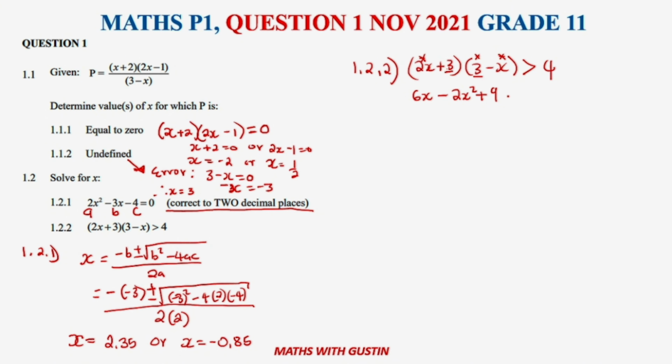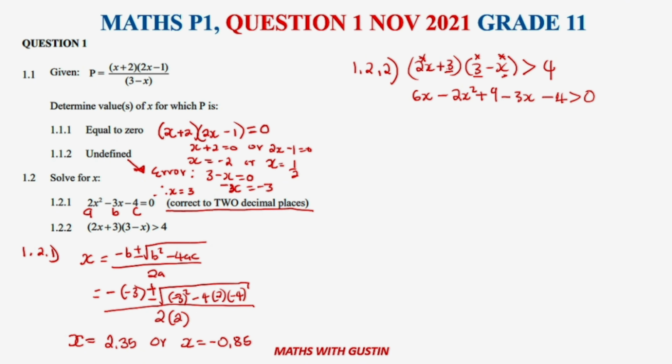Positive 3 minus times minus x, which is that one there, is going to give us, no, it's going to give us negative 3x. Okay, then I take 4 to the other side, minus 4. Everything will be greater than 0.